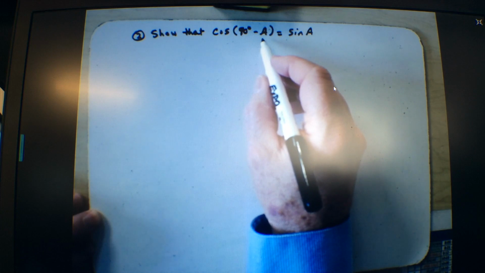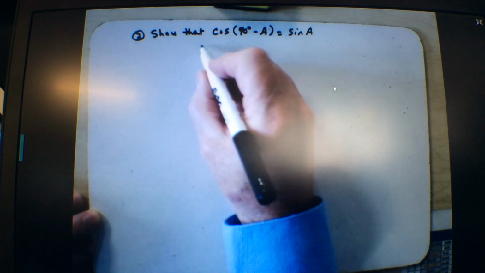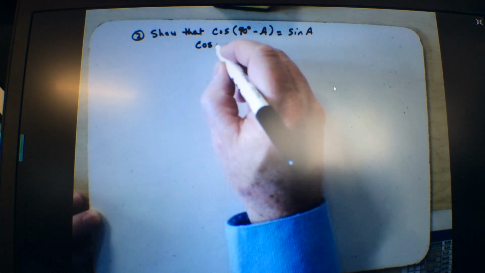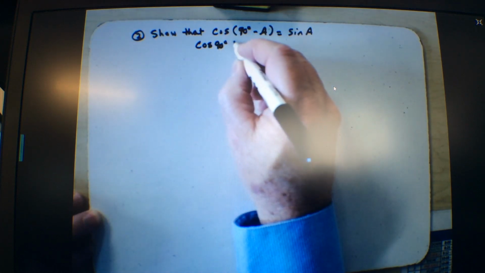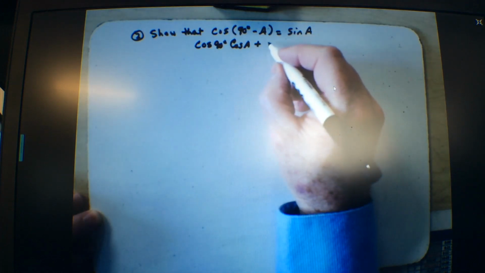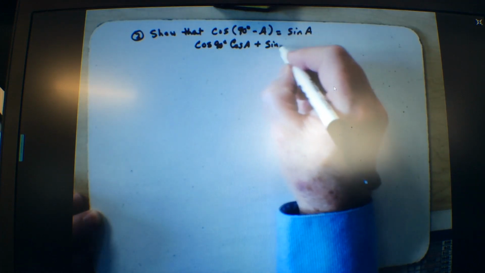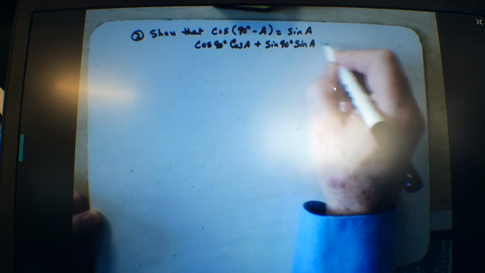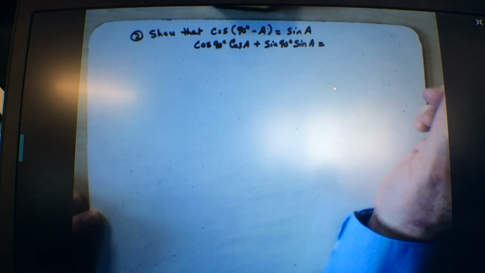So we're gonna use the subtraction rule, correct? Which says that we have the cosine of 90 degrees times the cosine of A plus the sine of 90 degrees times the sine of A, correct? And we want that to equal sine of A.